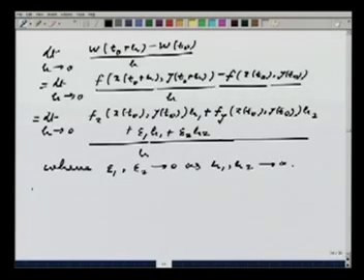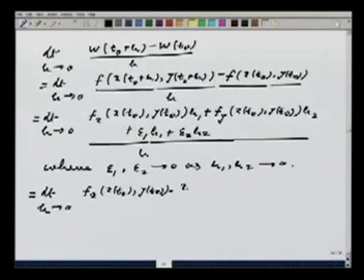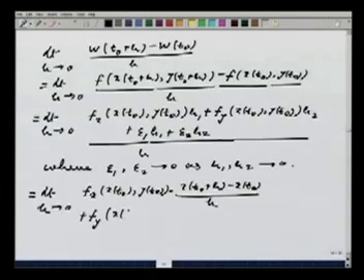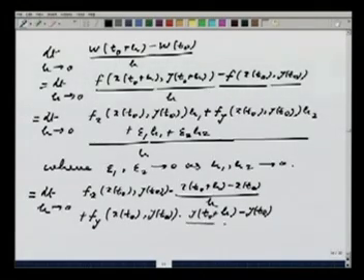Now I write it in a different form, that this is the same as limit h going to 0 of fx at (x(t naught), y(t naught)) times the definition of h1, that gives me x(t naught plus h) minus x(t naught) divided by h, plus fy at (x(t naught), y(t naught)) times y(t naught plus h) minus y(t naught) divided by h.